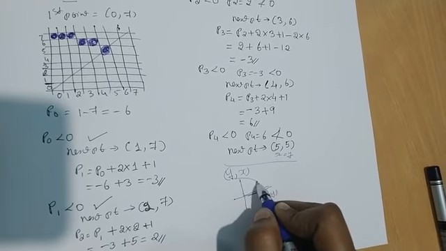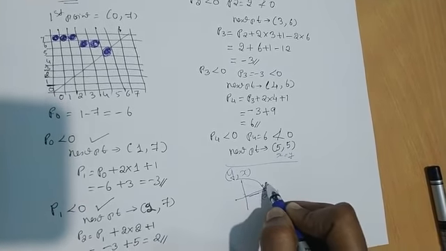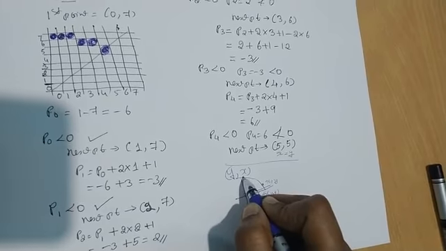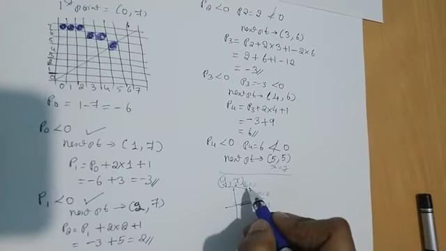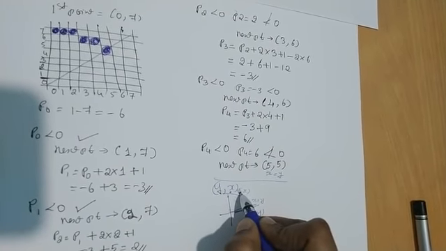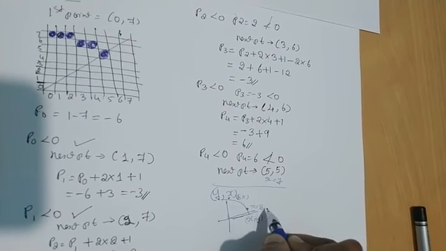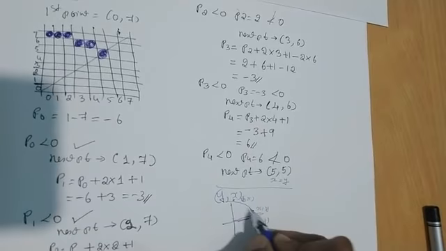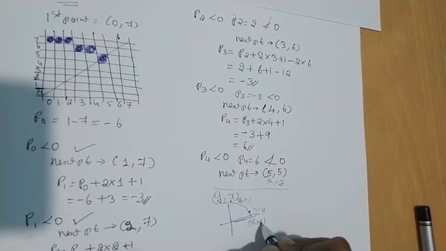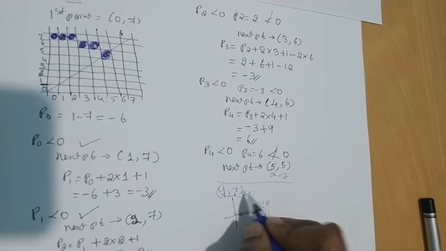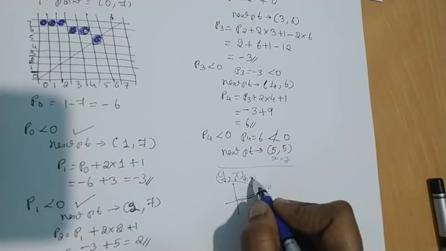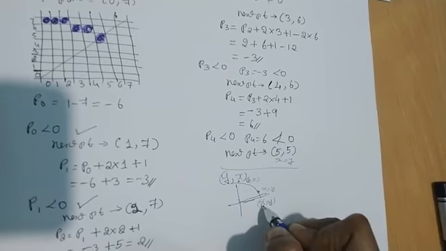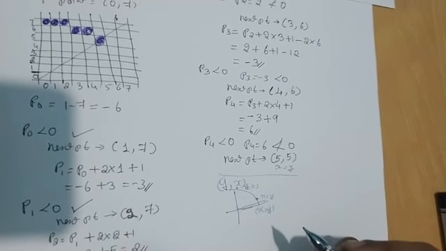Remember this is x comma y, this is y comma x. According to this rule, whatever x value is here, that value will be the value for y axis, and whatever y coordinate value is there, that will become the x coordinate value.